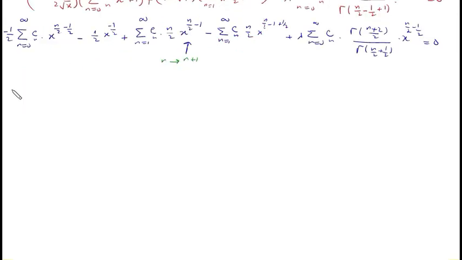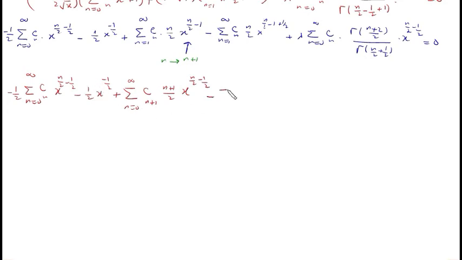So this becomes minus 1 by 2 summation n from 0 to infinity cn x to the power n by 2 minus 1 by 2, minus 1 by 2 x to the power minus 1 by 2, and series, and now when n is n plus 1, the 1 cancels, so it starts from 0 to infinity, and cn becomes cn plus 1, n by 2 becomes n plus 1 by 2, and x to the power, when replacing n with n plus 1, this becomes n by 2, and one extra half comes out and will combine with negative 1, it becomes minus 1 by 2, and now you can see that the power of x is now the same as the other terms have, and everything else will remain as it is.